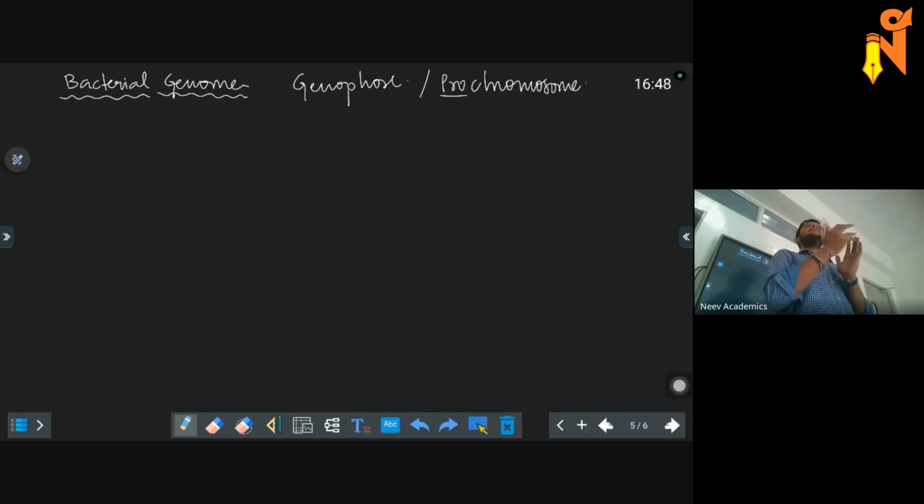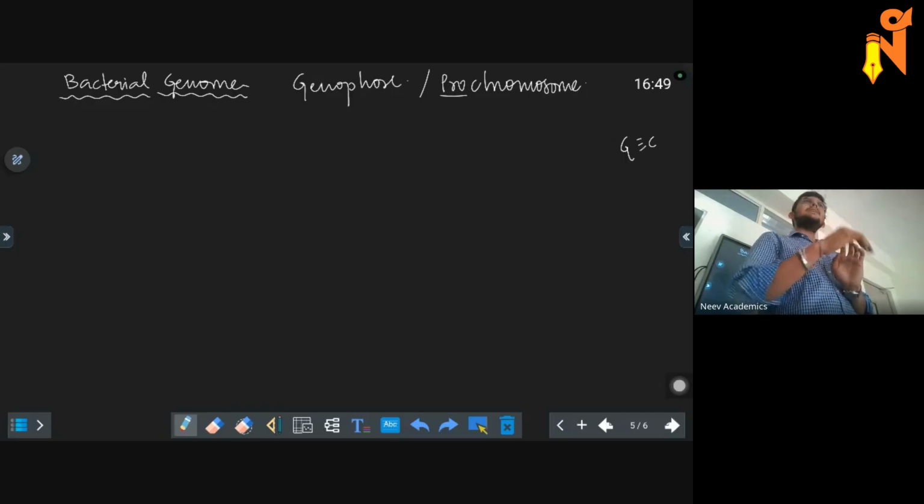Next, bacterial cells have a high GC content, guanine and cytosine. DNA has 4 nucleotides: guanine, cytosine, adenine, and thymine. Adenine and thymine form a double bond. Guanine and cytosine form a triple bond. So which one is stronger? Guanine and cytosine.